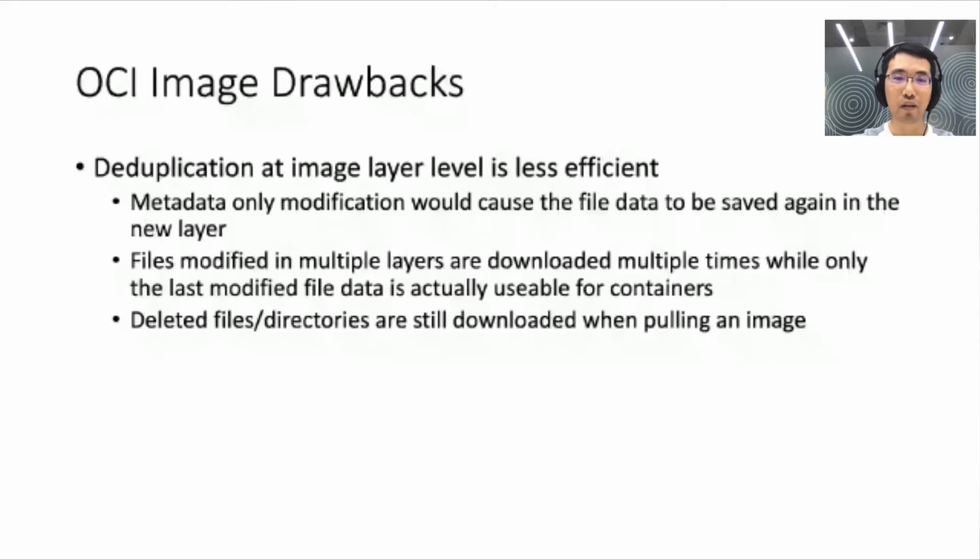When we pull this image locally, we have to download the data for the same file multiple times, while only the last modified file data is actually usable for containers. So if we modify a file twice, we will download it twice, but only part of the data is actually usable. We waste half of the bandwidth at least.